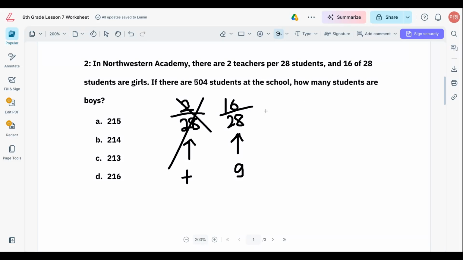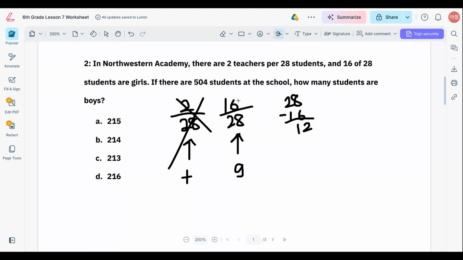And so for every 28 students, there would be 28 minus 16 boys, right? Because we take out the number of girls. So what is 28 minus 16? That is 12.